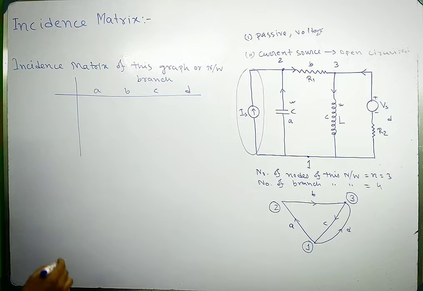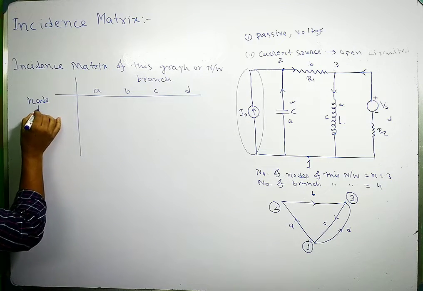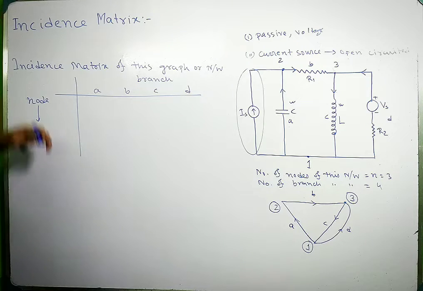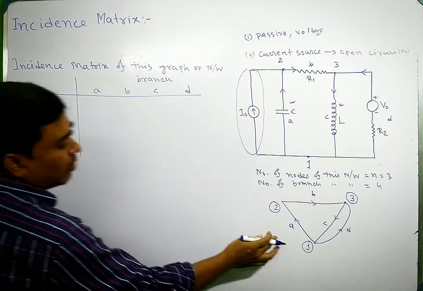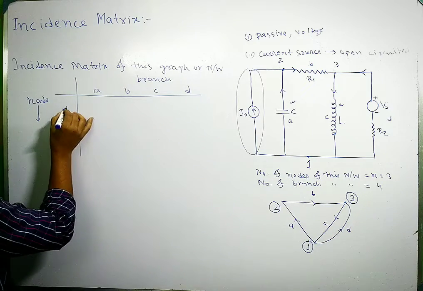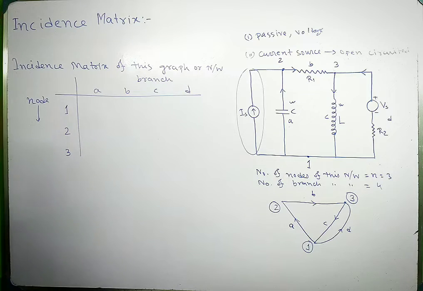There are 4 branches: A, B, C and D. The number of nodes will be the rows of this matrix. There are 3 nodes: node 1, node 2 and node 3.